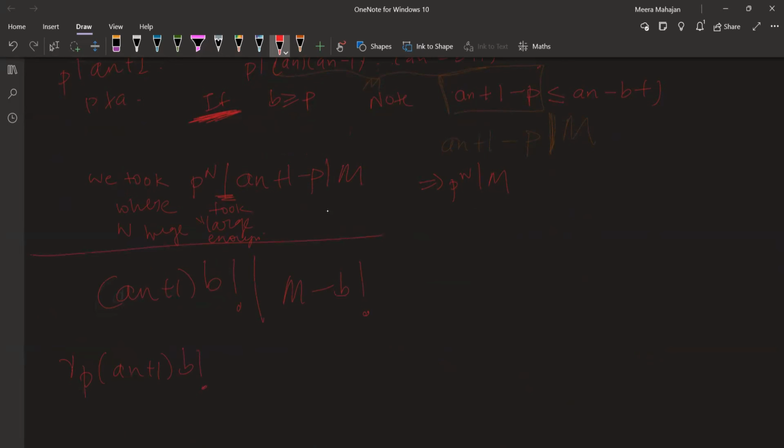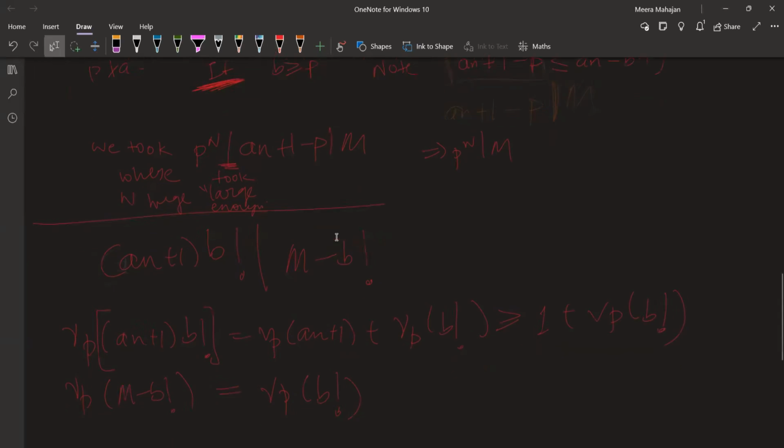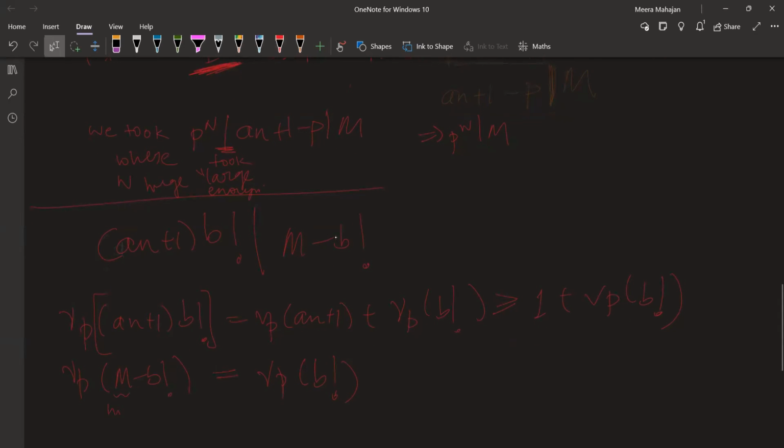VP of AN plus 1 times B factorial is VP of AN plus 1 plus VP of B factorial, which is at least 1 plus VP B factorial, because P divides AN plus 1. And VP of M minus B factorial is VP B factorial. The reason is VP of M is huge.